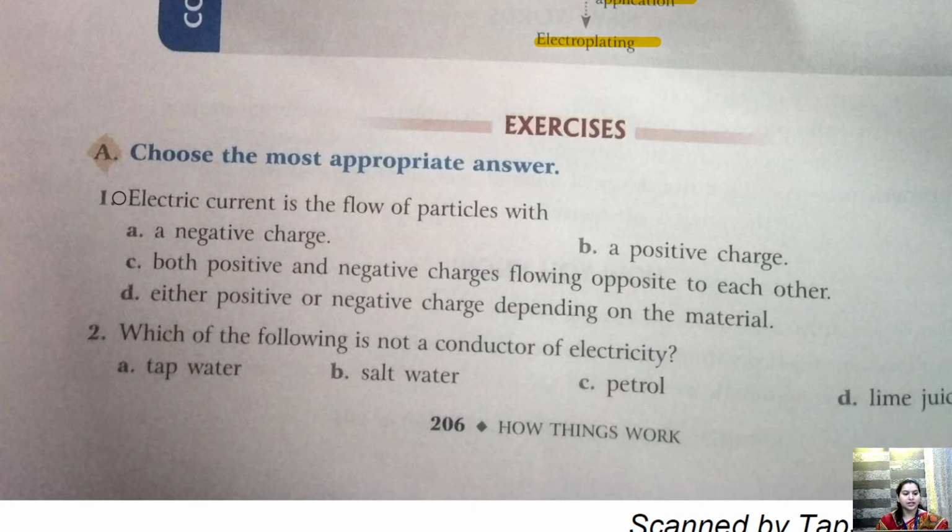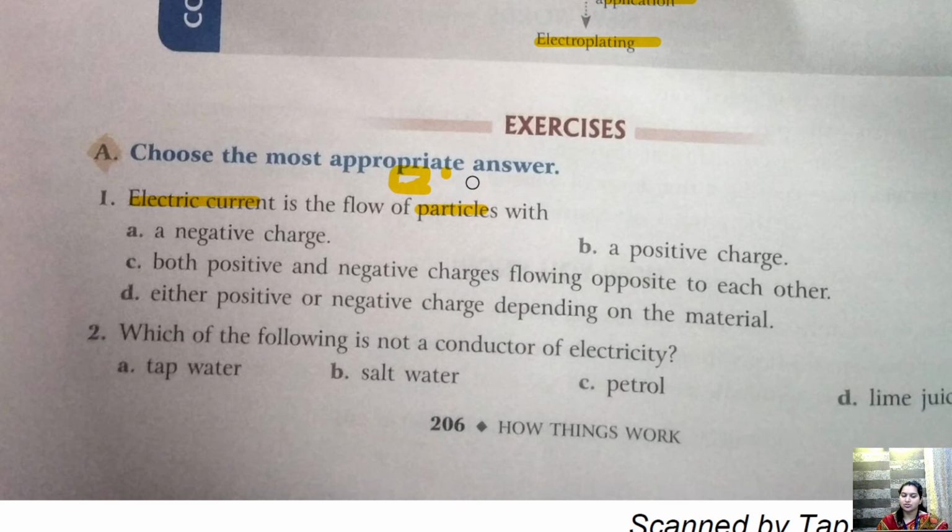Question number 1. Electric current is the flow of particle with a negative charge, a positive charge, both positive and negative charges flowing opposite to each other, either positive or negative charge depending on the material. So, electric current is the flow of electron, that we know, isn't it?